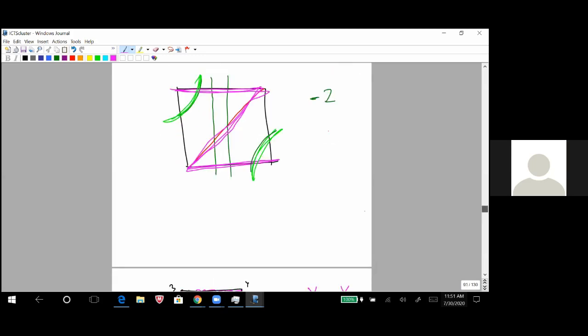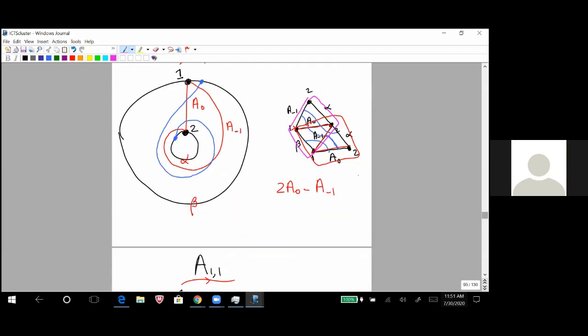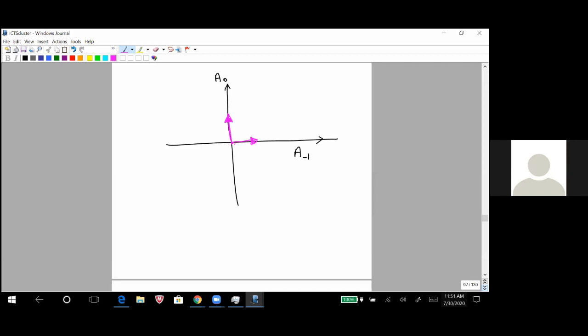This next one that we computed, this first non-trivial one, sort of winds. So if this first one is A-1 and then A0, then this blue one is winding 1 in the opposite way, so that deserves to be called A1. So let's just call that A1.